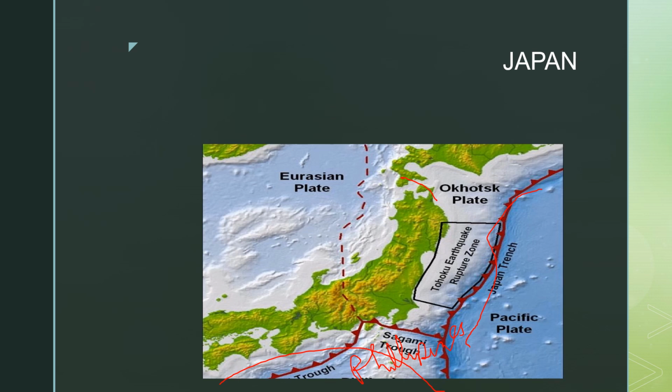It means it also has been subducted here. The Pacific plate also subducted here. All the plates subducted from this side, and it also subducted from this side. So the plate which is older got subducted and led to the formation of Japan.